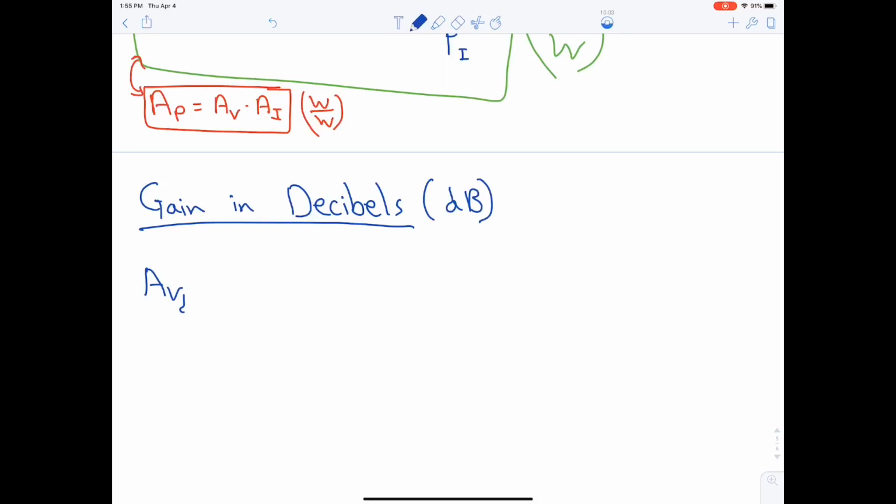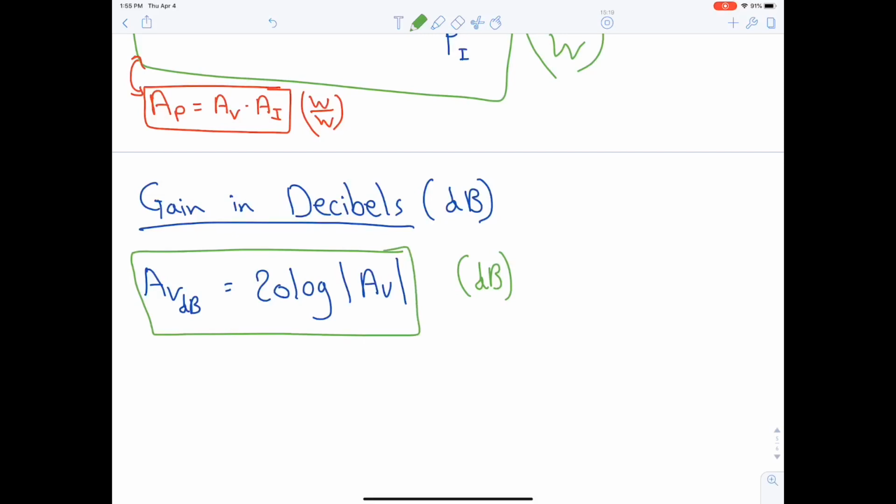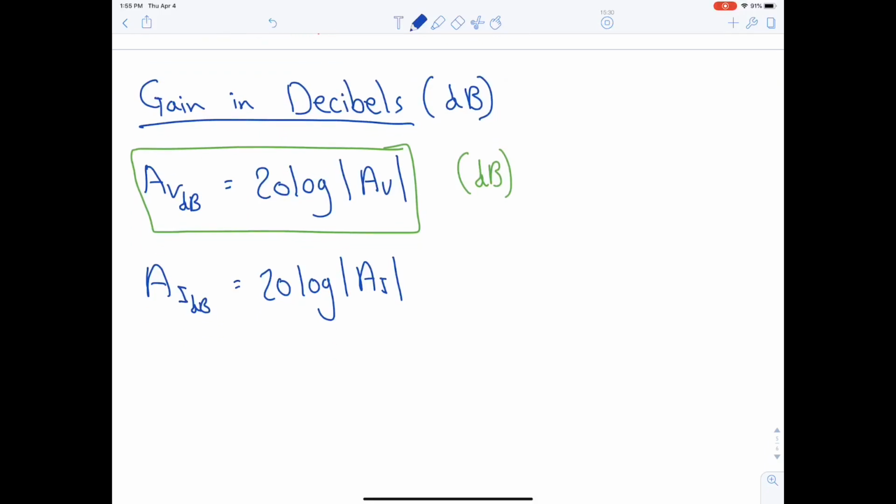The voltage gain in decibels is written as AV equals 20 log the absolute value of the voltage gain, and the unit is decibels. For the current gain in decibels, it's also 20 log the absolute value of the current gain, and the unit is also decibels.